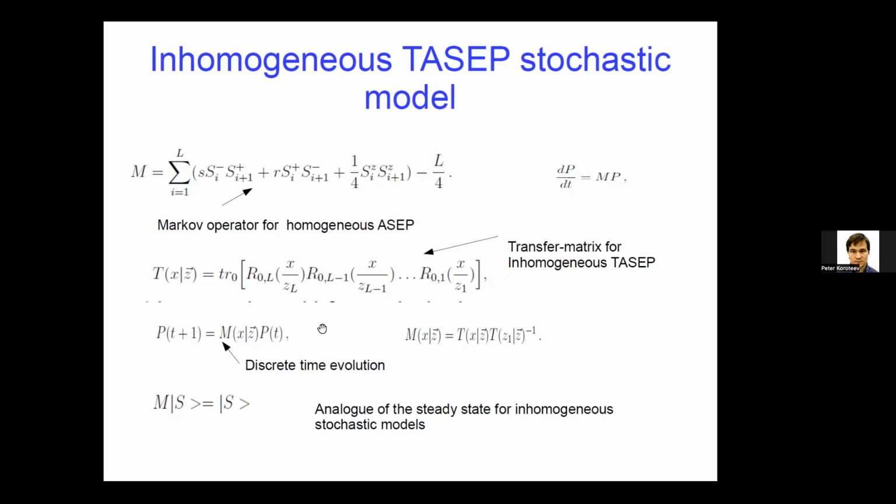Instead of evolution with respect to a Hamiltonian, the operator which provides the evolution is built from the transfer matrix. So we consider the following combination of transfer matrices, and the discrete time evolution can be governed by the corresponding effective Hamiltonian. We will be interested in the analog of the so-called steady state for inhomogeneous stochastic models.